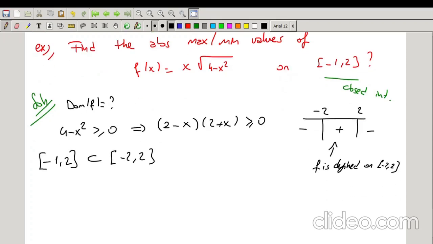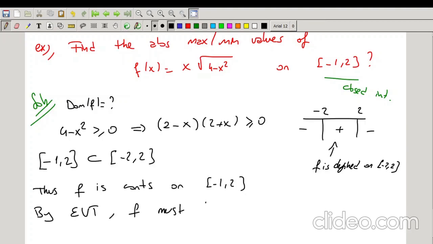It means f is continuous on the interval -1 to 2, and this interval is closed. So by the extreme value theorem, f must have an absolute maximum and minimum on the interval -1 to 2.